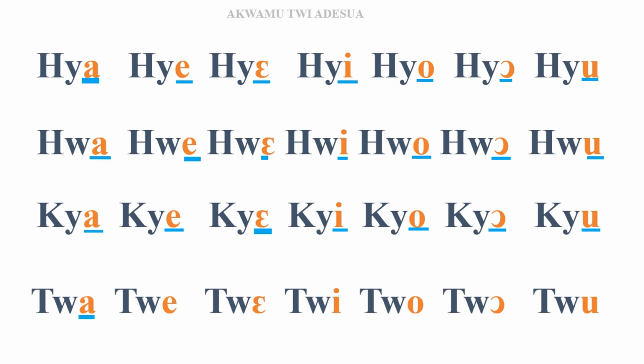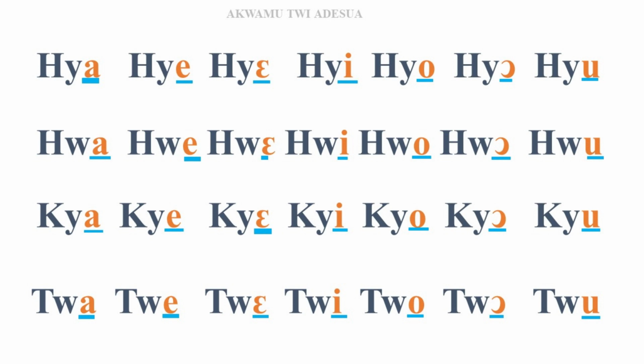I hope you remember all those special sounds. So the HY will give us the sh, and when we add a to it, we'll get sha. And then the next one will be she.